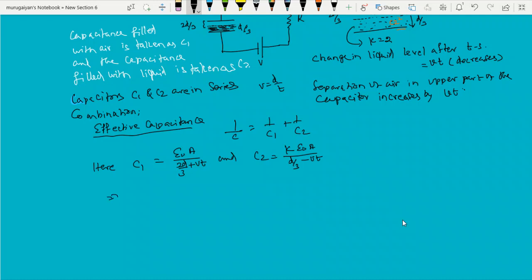So this implies 1 by C is equal to (2D plus 3Vt) by 3 epsilon naught, here A equal to 1, plus 1 by C2 equals (D minus 3Vt) by 6 epsilon naught A, where K equal to 2 and A equal to 1.